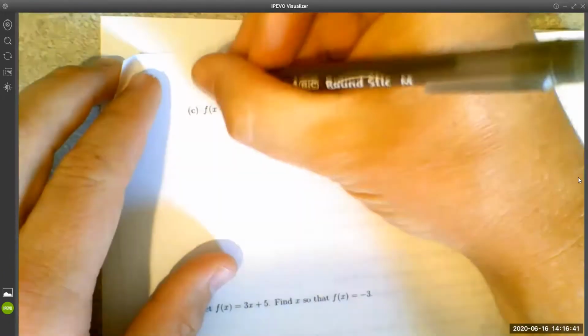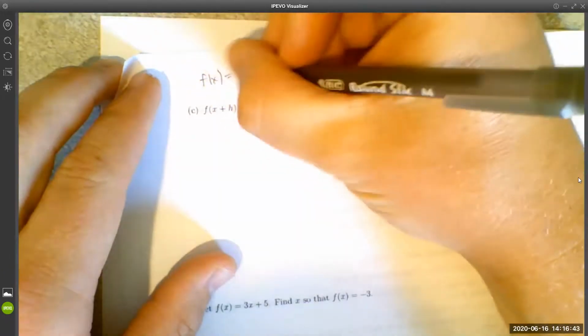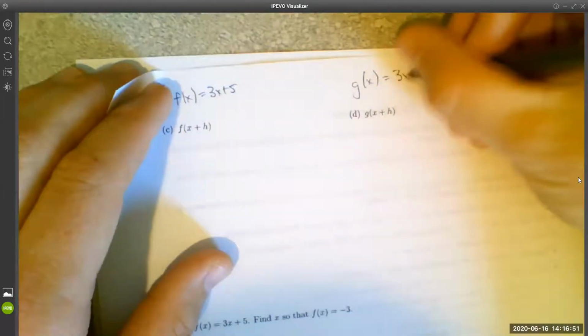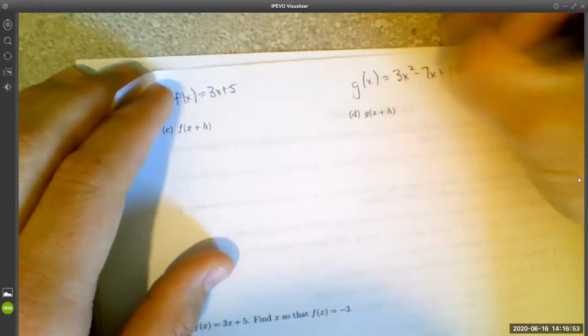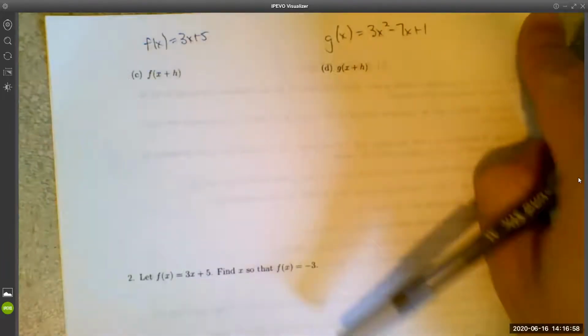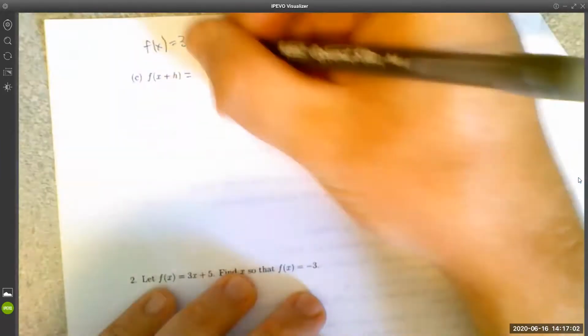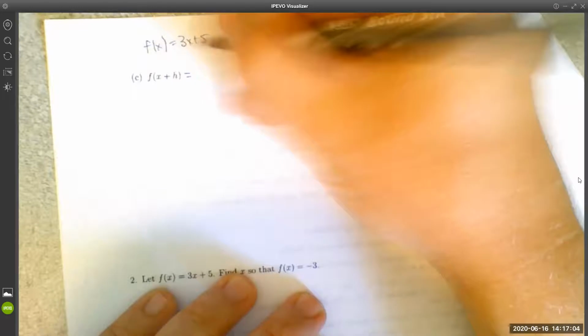Let's remind ourselves, f of x is 3x plus 5, and g of x is 3x squared minus 7x plus 1. So if I want to find f of x plus h, then I'm going to look at the function f, and everywhere I see an x, I'm going to replace it with x plus h.